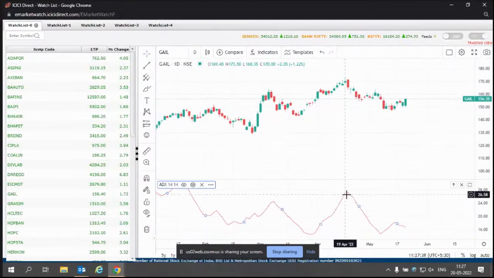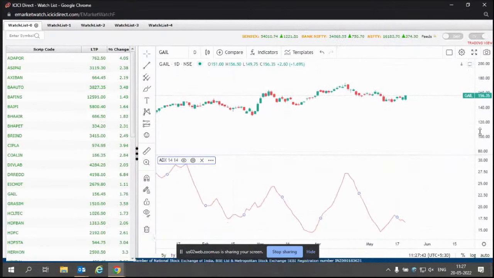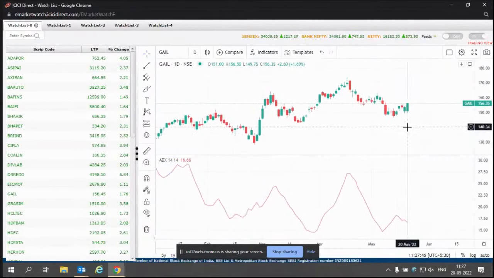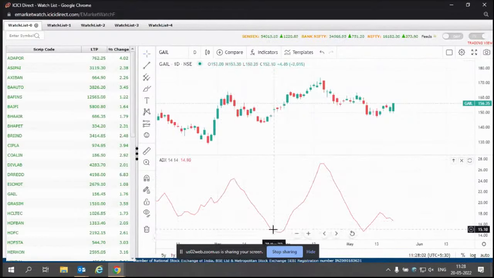ADX is used to quantify the trend of the move. The ADX calculation is based on a moving average of the price range expansion over a period of time. If you look, whenever the trend is down, it is moving on the downside, and once it starts curving, if you look at the curve, that is more important. Once that curve gets flattened and shows the upward trend, that shows the clear trend of the stock. So this is an important ADX indicator which one can use from the daily time frame.